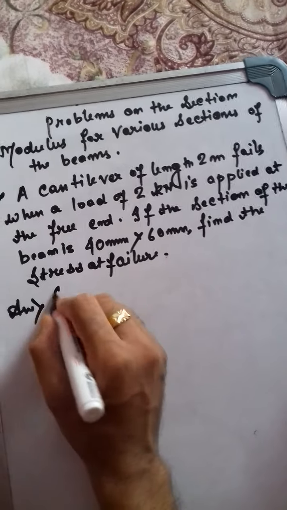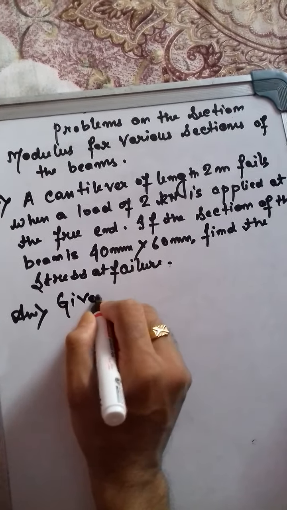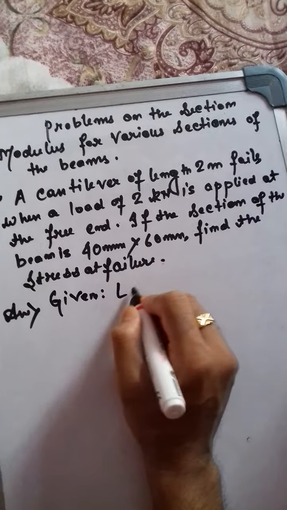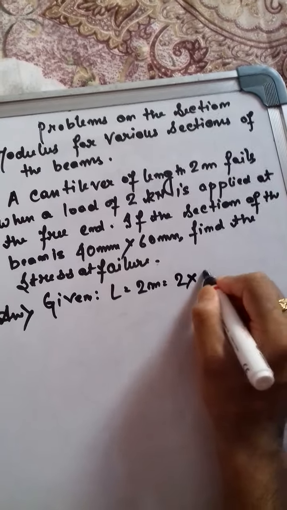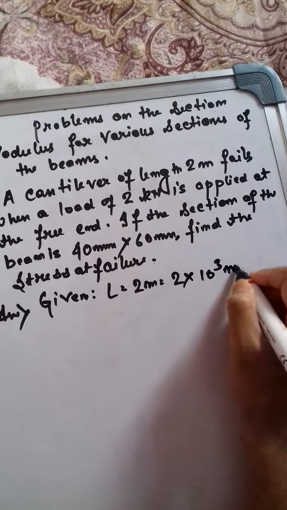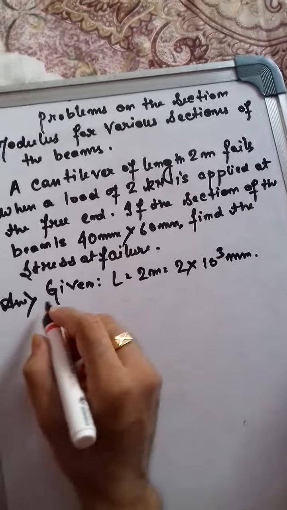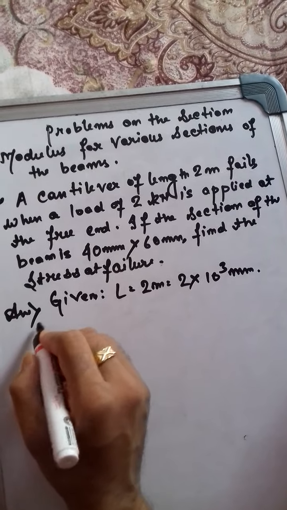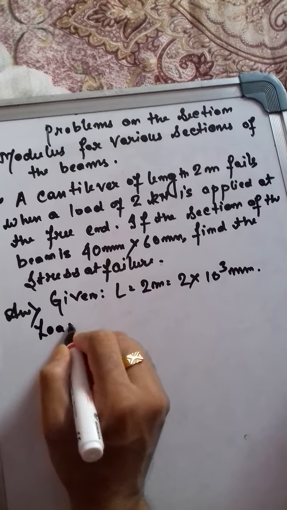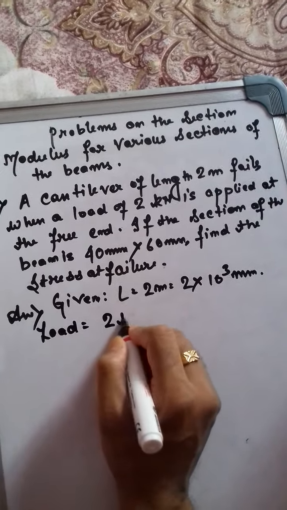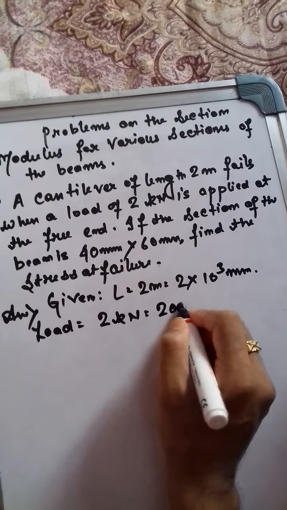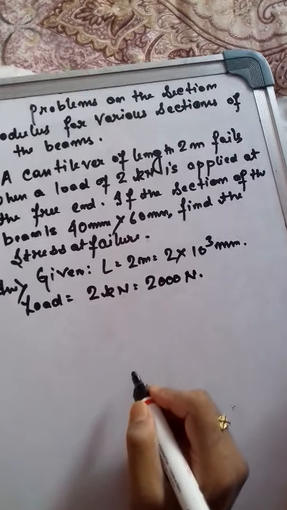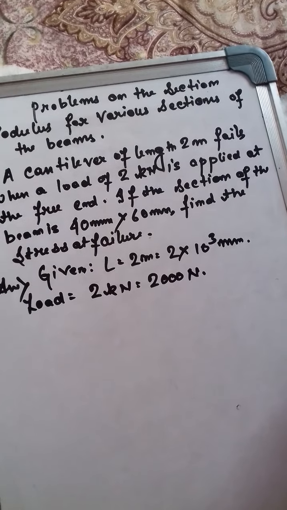See, let us write the given data. L equal to 2 meter, that is 2 into 10 raised to 3 mm. Okay. Now the given load, the load coming on the beam is equal to 2 kilonewton, that is equal to 2000 Newton. Okay.